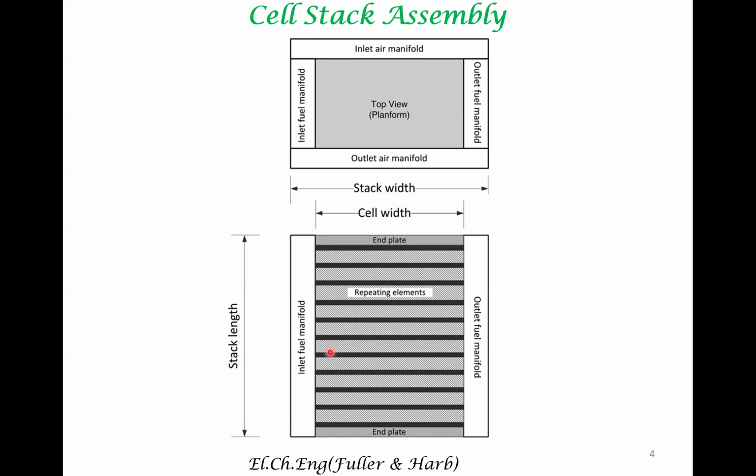So the entire volume of the fuel cell stack can be computed by stack length times cell width times the area available here. That would give you a measure of the volume of the fuel cell. So again, here the fuel is let into the stack in this direction, and the fuel gets out in this direction.